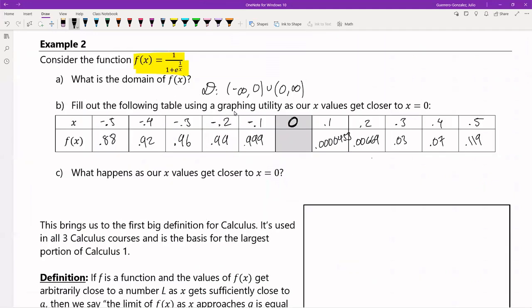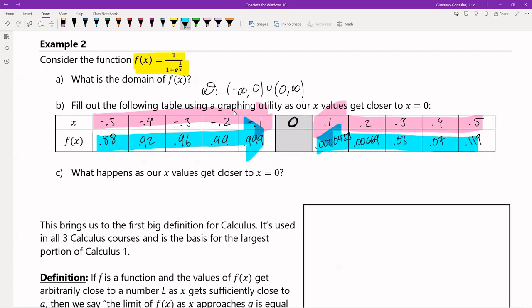Okay, let's move this all back together. There we go. So, doing the same thing as before, notice that my top row is heading towards 0 from both ends. But what I'm curious about is what my bottom row, what my f of x values are doing in this case.